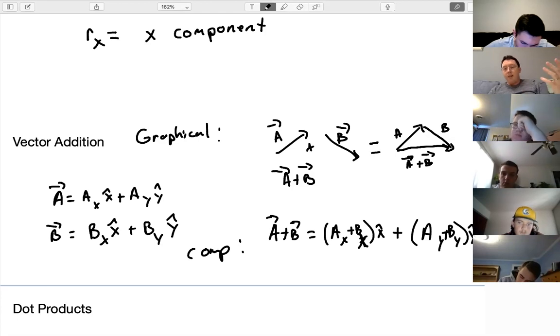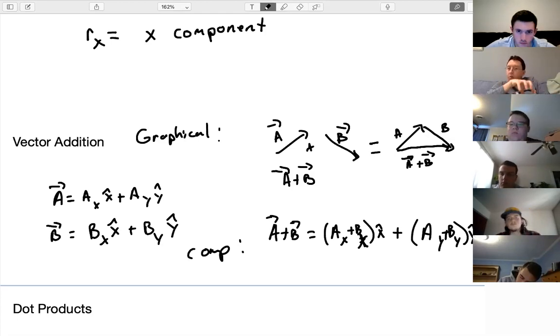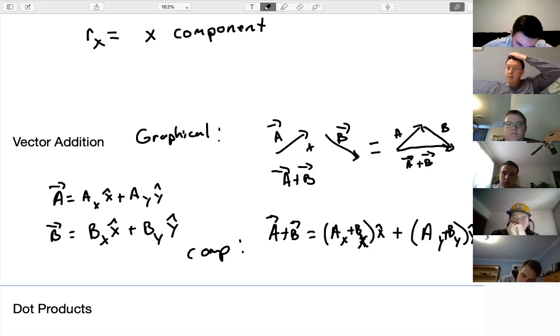So on the separate scalar components, vector addition is just normal addition for the X pieces and normal addition for the Y pieces. And then you just have to remember that the X direction is different than the Y direction. Don't smush them together, because the answer needs to be a vector. It's not a scalar. If you try to somehow smush them together, it's like you're forgetting that it's supposed to be a vector.